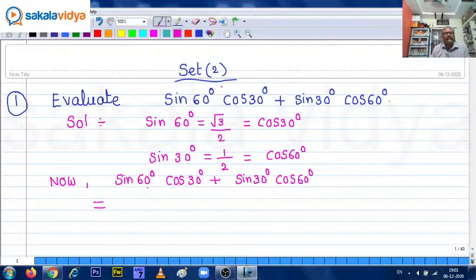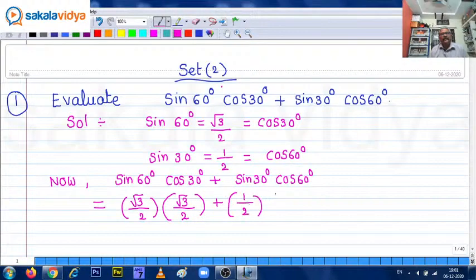This equals sine 60 is root 3 by 2, multiplied with cos 30, which is root 3 by 2, plus sine 30 is 1 upon 2, cos 60 is 1 upon 2.